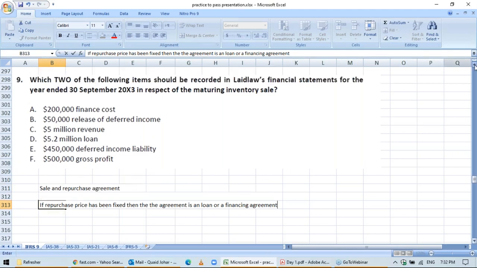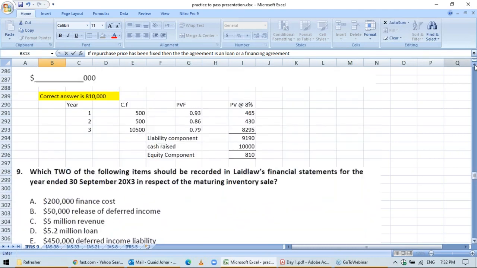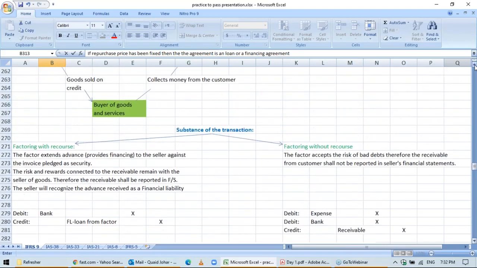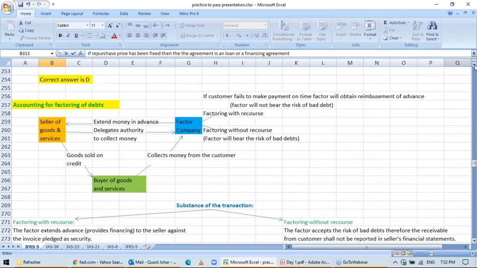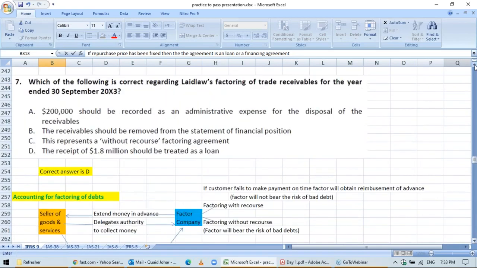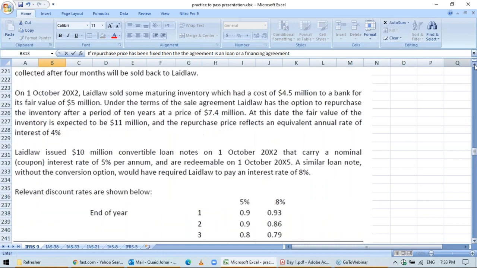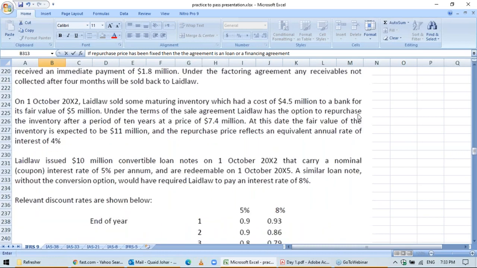So in this case, if you see in the question, after a period of 10 years, Laidlaw can buy it back for 7.4 million.